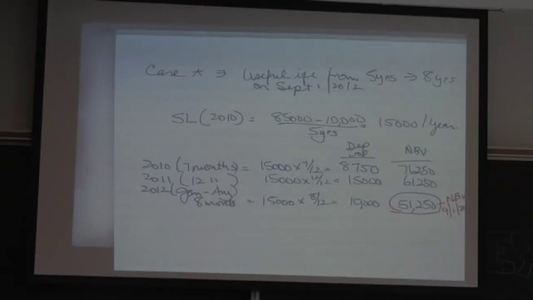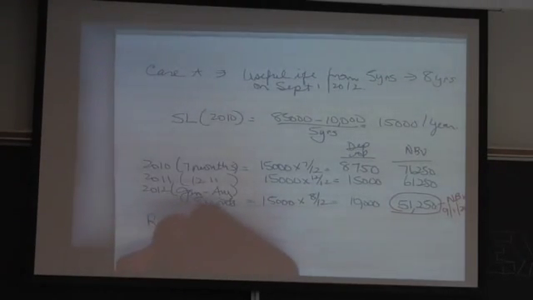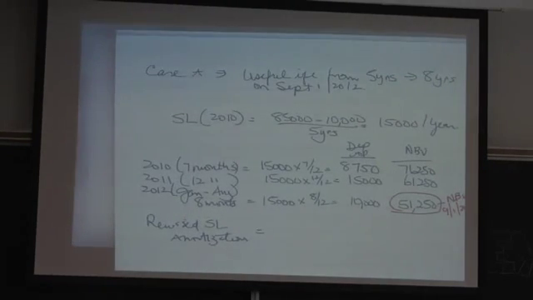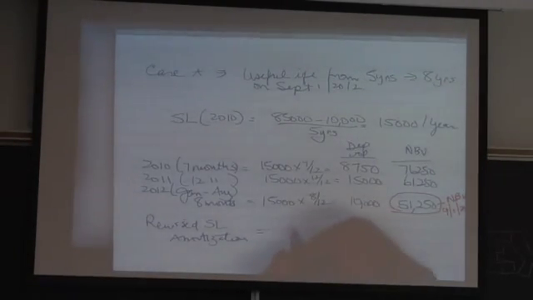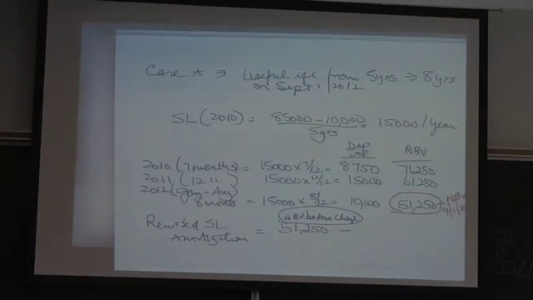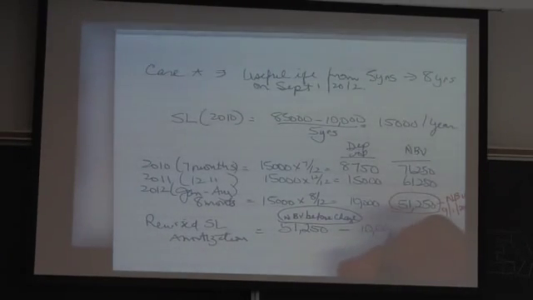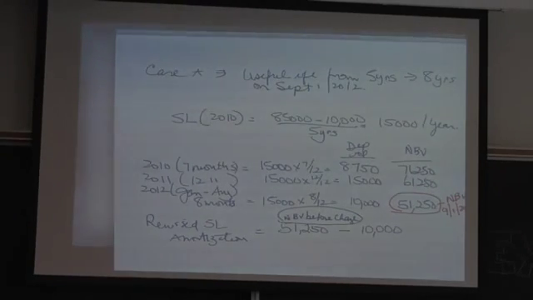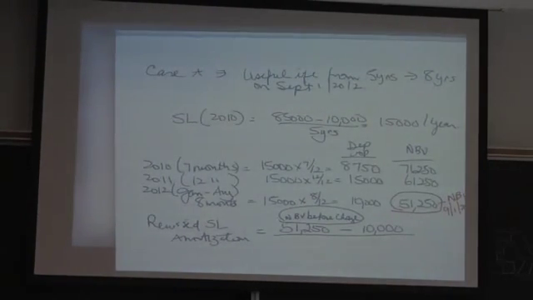Now, we need to revise the straight line amortization or depreciation. How do we do that? We take the net book value prior to the change, which is 51,250, subtract the residual value, which is still the old one because that did not change, divided by the remaining useful life.